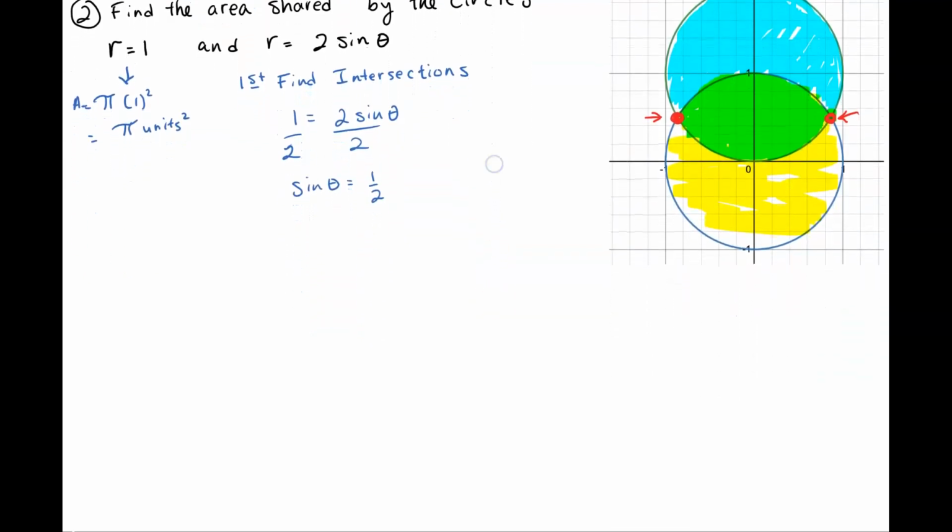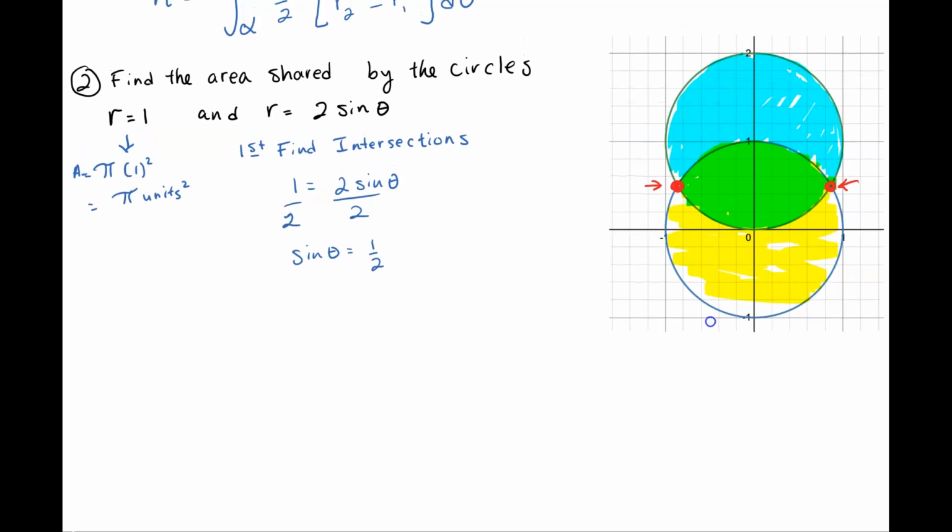Okay, well, when you think about this on the unit circle, where is sine equal to 1/2? If you're looking at the unit circle, or you take the sine inverse of this, you're going to get that theta equals pi over 6, or it also happens at 5 pi over 6. It's in the first and second quadrant.